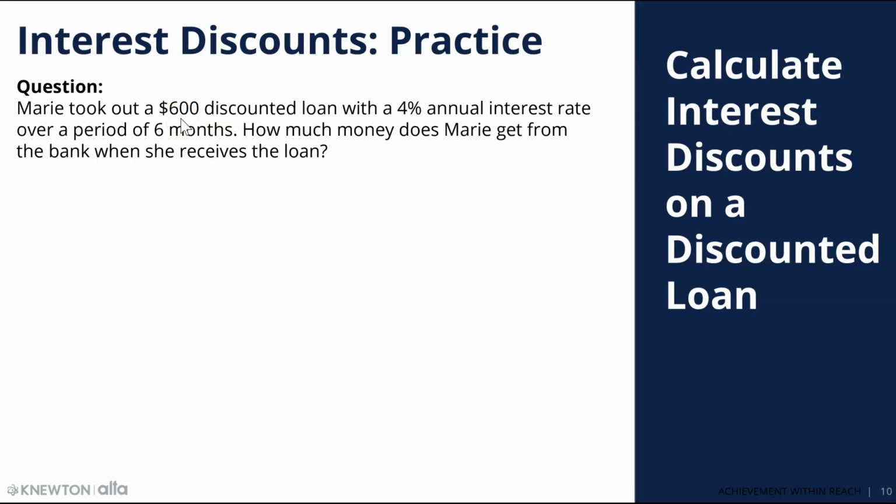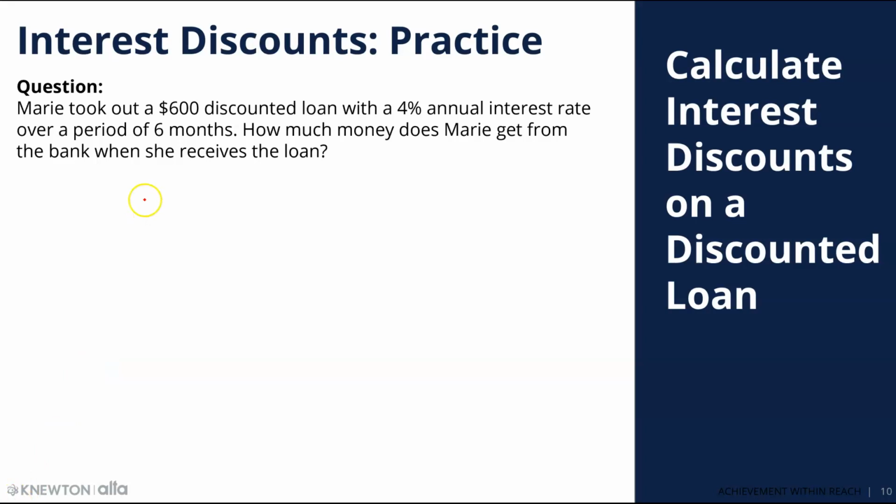So that means you have to first compute the interest that will accrue for the life of the loan, and then subtract that from the amount of the loan. And that is what is going to be received at the beginning.